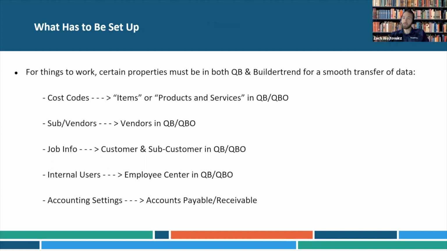You have your cost codes that I kind of just brought up need to be linked to items. That's a big concern for a lot of people, is when they use their QuickBooks, they just book expenses to a general ledger account, which means you don't really have a specific tracking item mechanism. You're just saying this is what I spent and this is the account it goes into. That has changed a little bit. You have to use cost codes. Those only link to items in QuickBooks Desktop or products and services in QuickBooks Online.